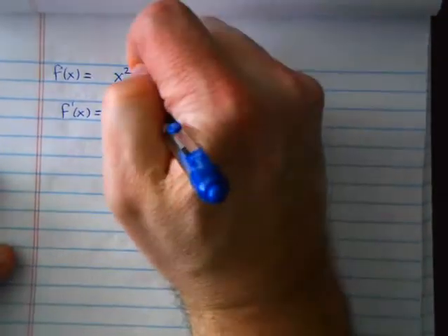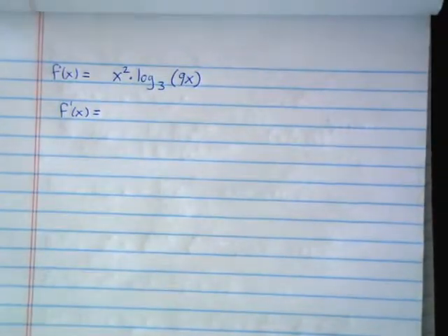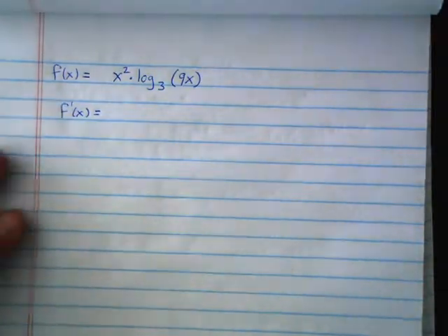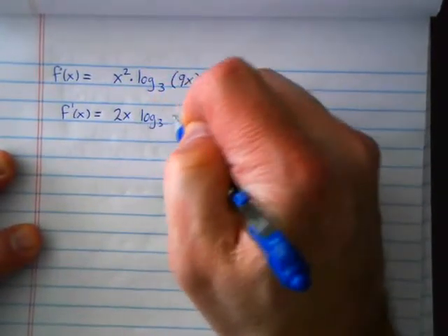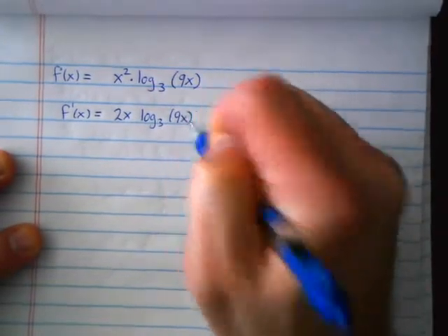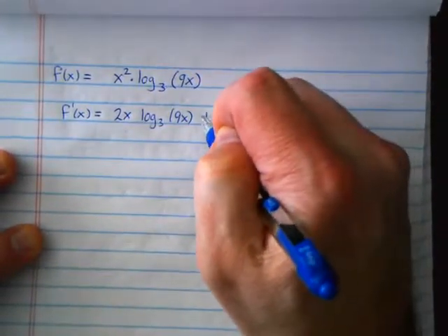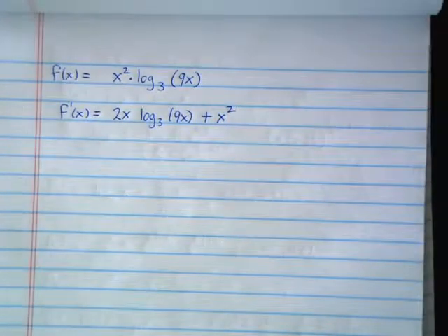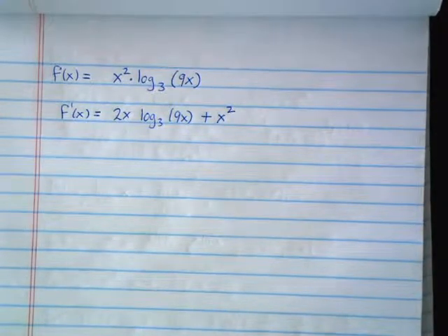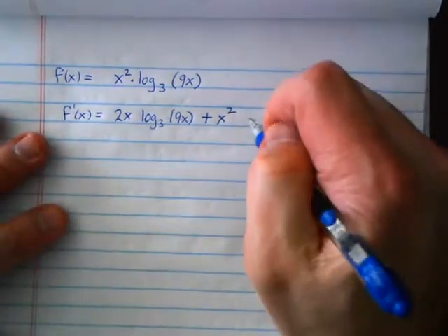Absolutely product rule, because we have x squared times log base 3 of 9x. We take the derivative of the first one, that's 2x. We leave the log base 3 of 9x alone. Plus, I leave the x squared alone. And then I need to take the derivative of log base 3 of 9x. What's the derivative of log base 3 of 9x?